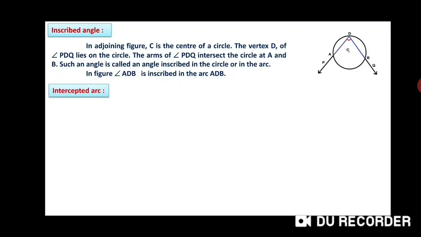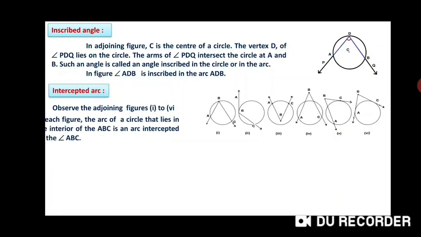Next, intercepted arc. Observe the adjoining figures 1 to 6. In each figure, the arc of a circle that lies in the interior of angle ABC is an arc intercepted by the angle ABC.